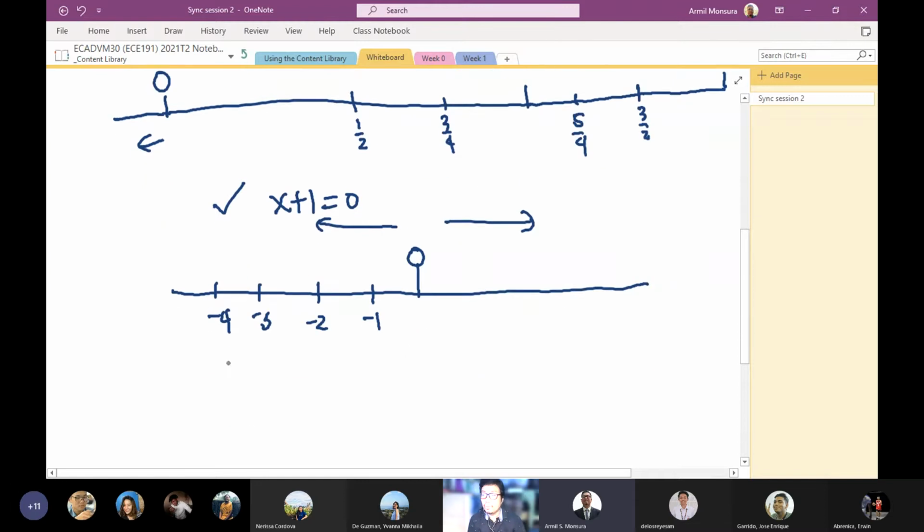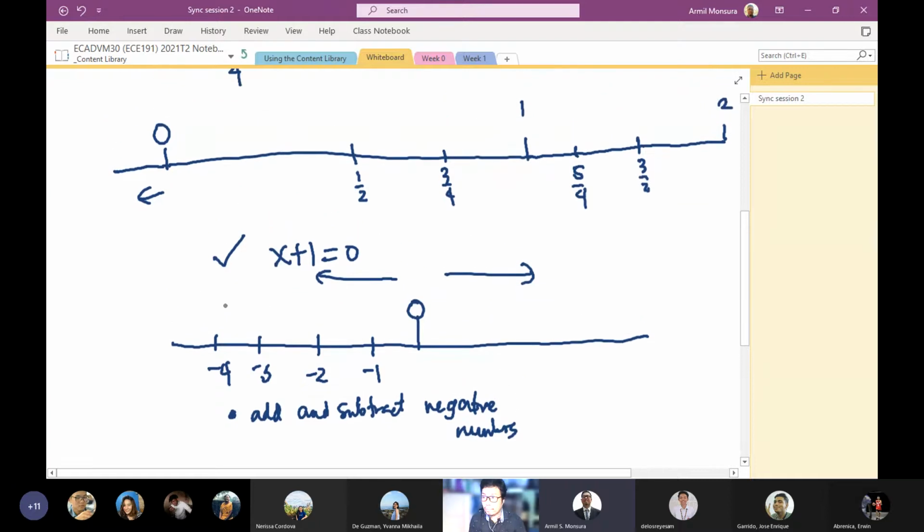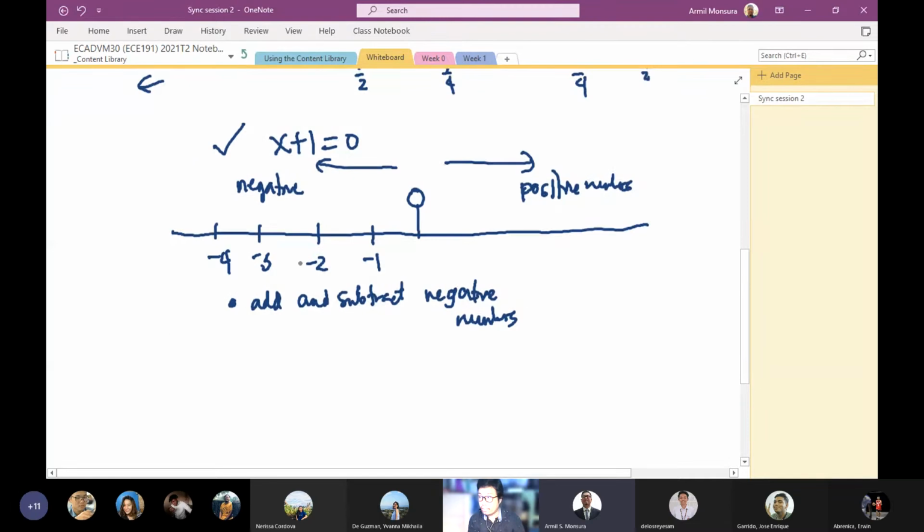Okay, you learned how to add and subtract negative numbers. Okay. Not just negative numbers, but also the positive numbers. Okay. You identify this part of the number line as that part of the negative numbers. Okay. And then this part as the part of the positive numbers. Okay. So you learn how to operate on this.